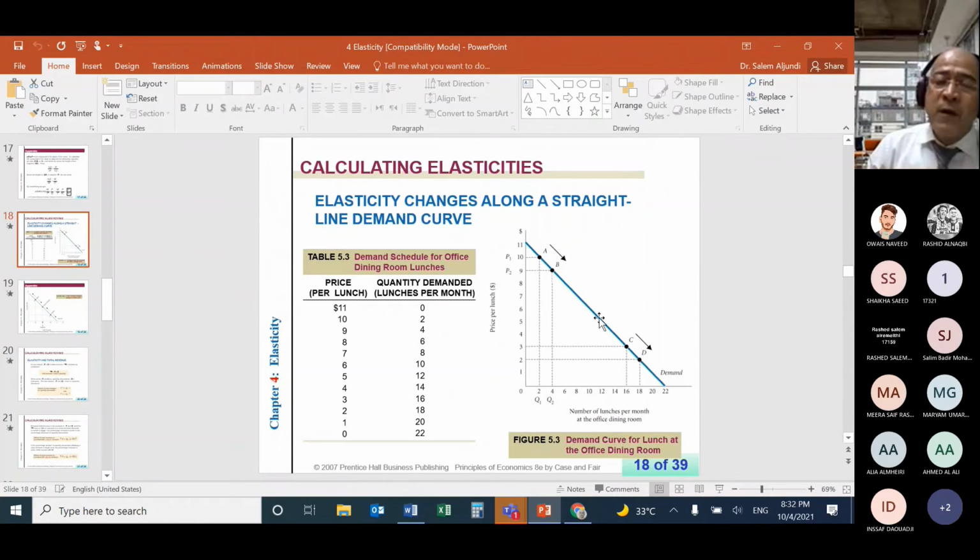SEWA faces a market demand curve because all of us purchase electricity from SEWA, the Sharjah Electricity and Water Authority. So what is the total revenue at each level of electricity price? If the price is 11 and the quantity is 0, the total revenue will be 0. 10 times 2. So what is total revenue? Price times quantity.